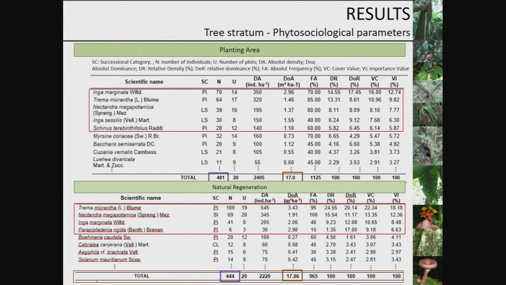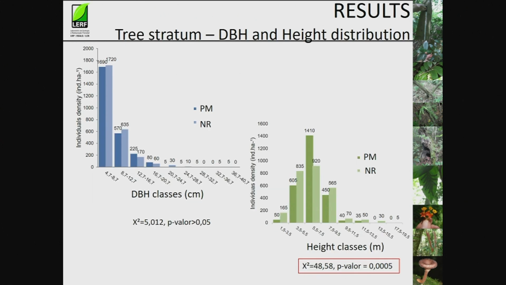As well, the basal area was not different. The DBH distribution was not different as well, but the height distribution was different between the areas, showing higher heights in the planting area.